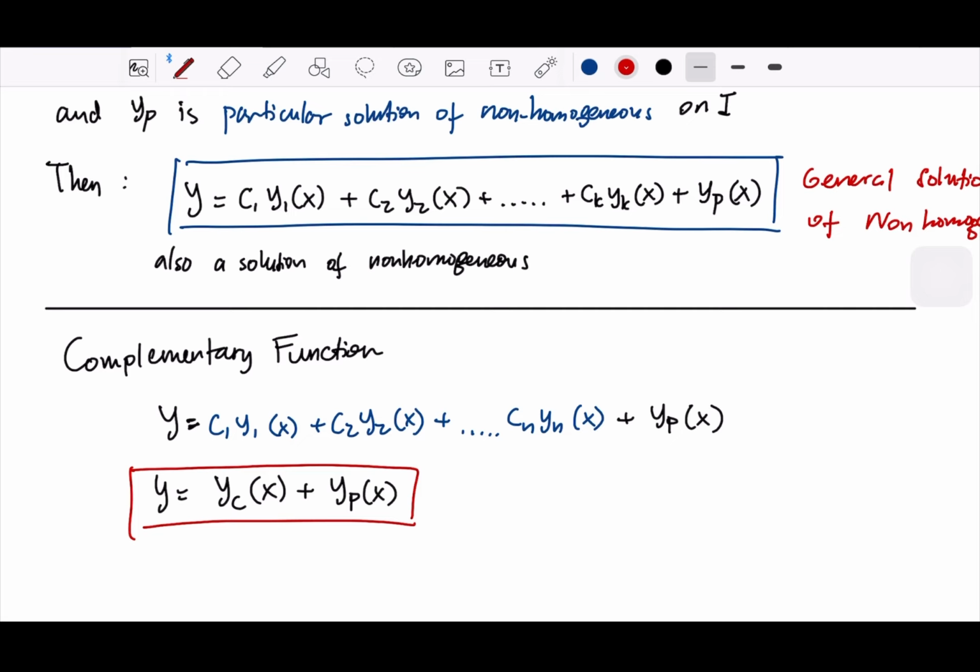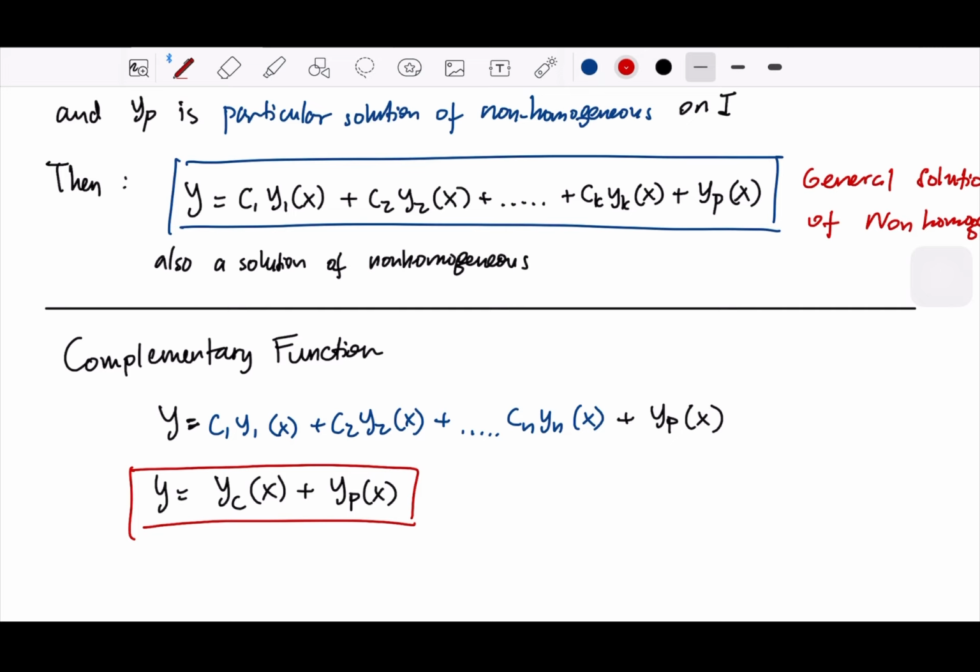This yc is the homogeneous part, for the non-homogeneous equation. So the non-homogeneous solution will have the homogeneous and particular solution. Whenever we are dealing with non-homogeneous equations, the first thing we do is set the equation equal to 0 to make it homogeneous, and find the complementary solution from there.